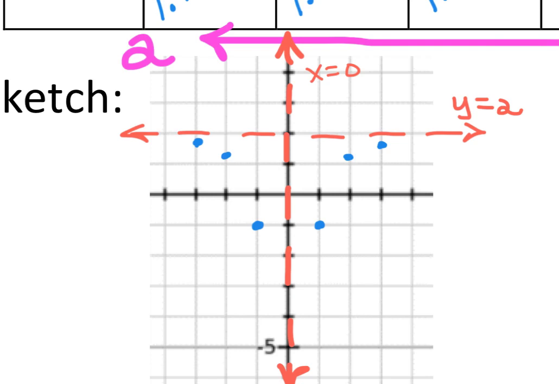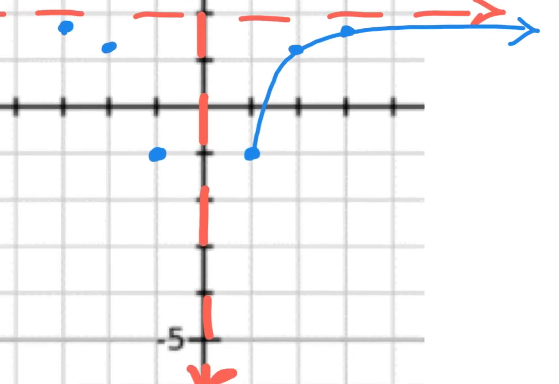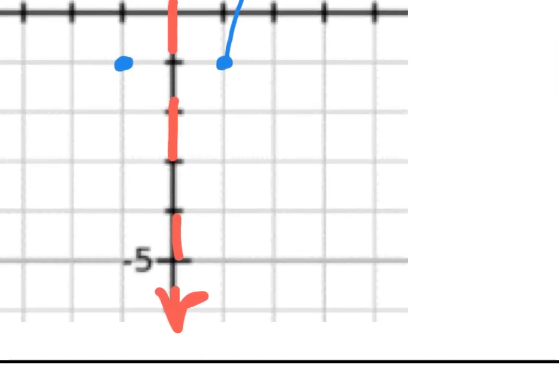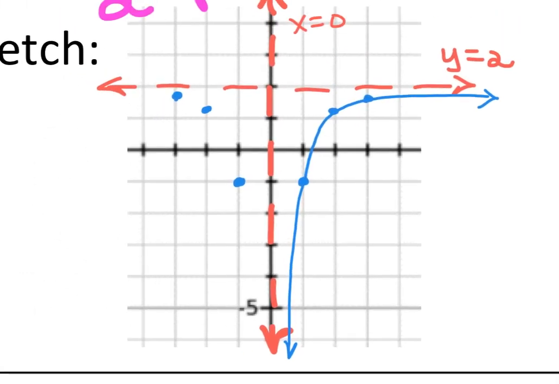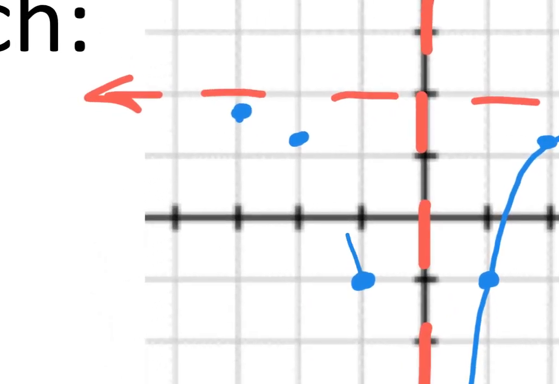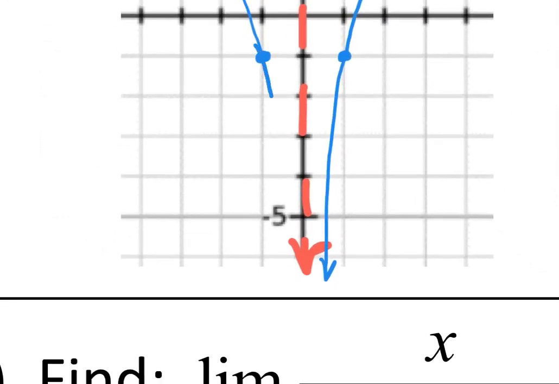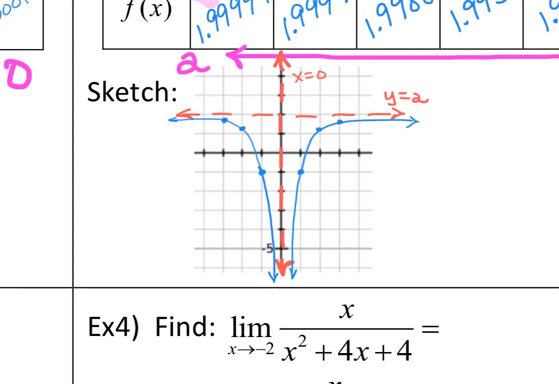And then the graph gets closer to the asymptote here and here. And then on the other side, I'm getting closer to the asymptote here and here. All right.